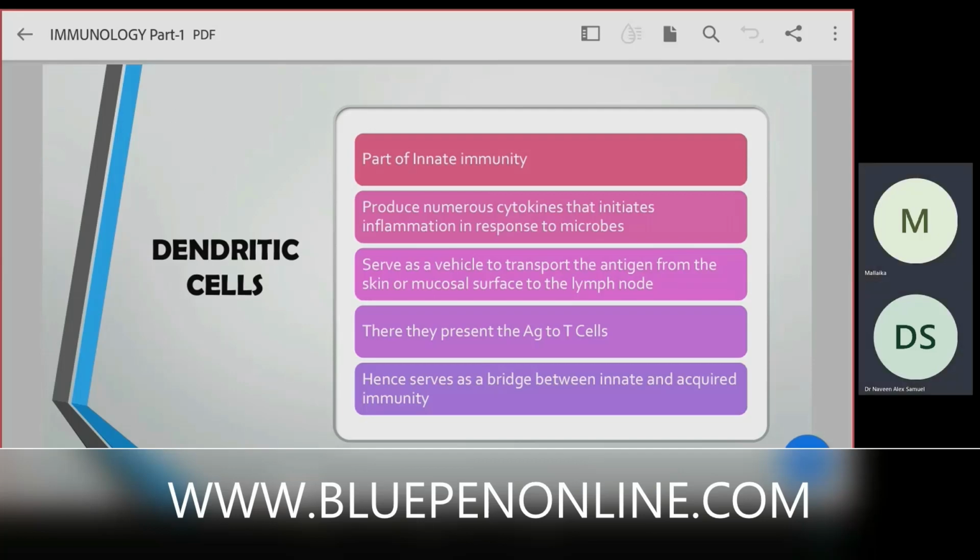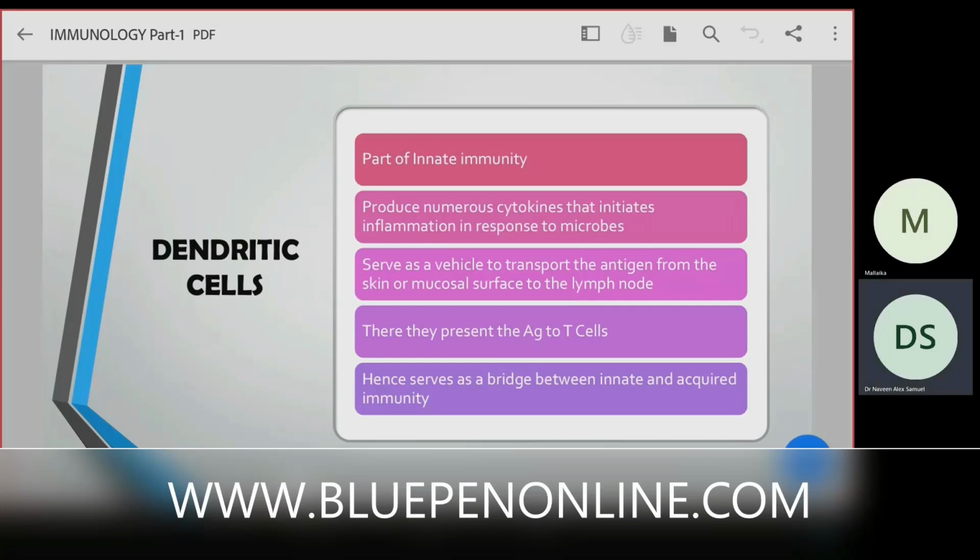One more thing is that they serve as a vehicle to transport the antigen from the skin or mucosal surface to the lymph node. In the lymph node, they present the antigen to the T cells. T cells are part of the acquired immunity, and dendritic cells are part of the innate immunity.